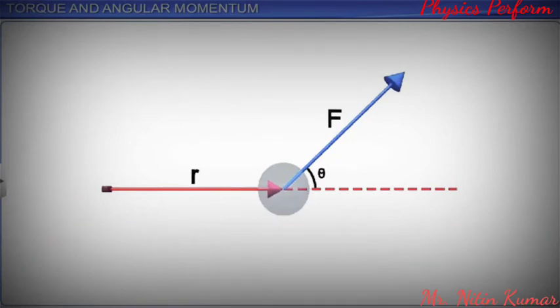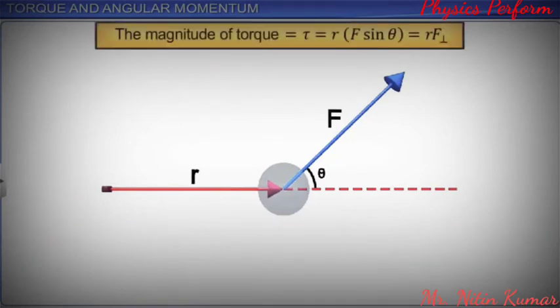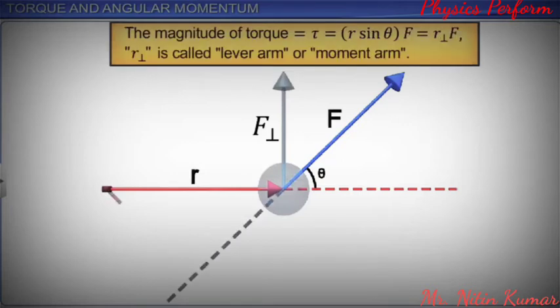The magnitude of torque can be written as tau equal to R into F sine theta, which is equal to R into F perpendicular, or tau equal to R sine theta into F, which is equal to R perpendicular F. R perpendicular is called the lever arm or moment arm.